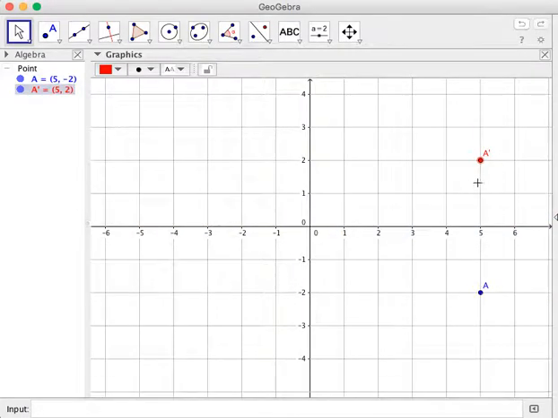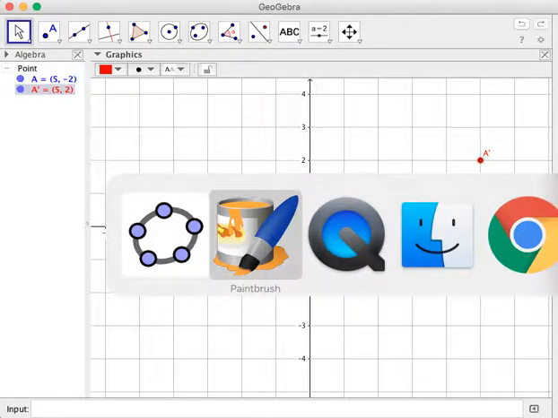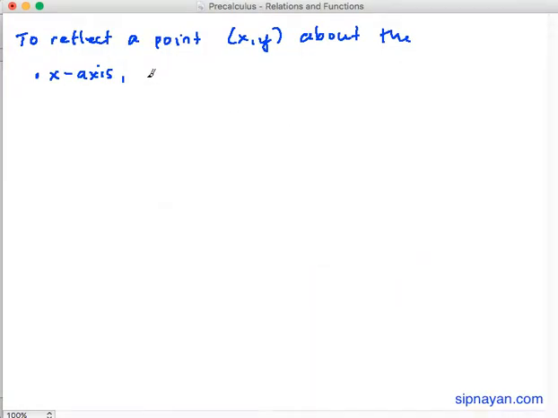Replace the y coordinate with its negative, replace y with negative y. Ang ibig sabihin lang nito, dapat opposite sign nung whatever the y coordinate.